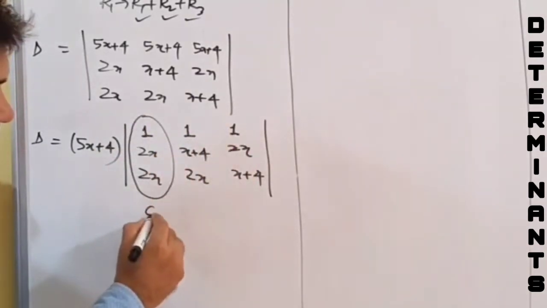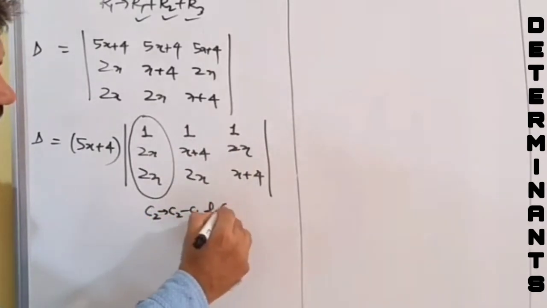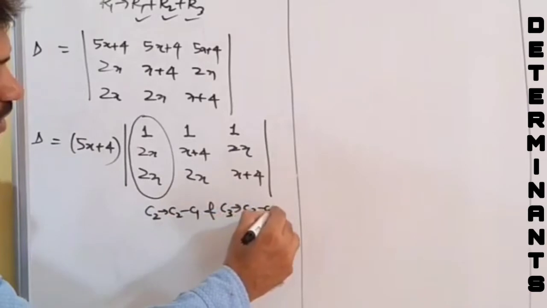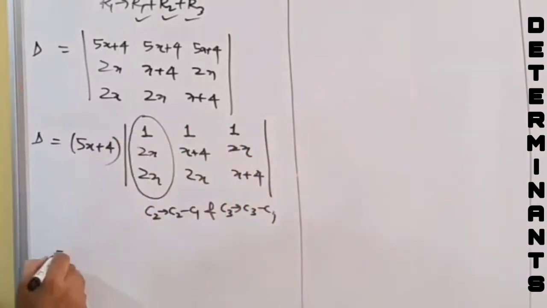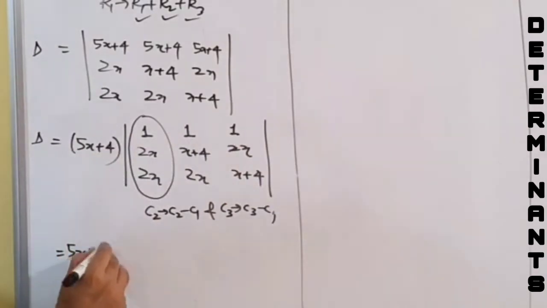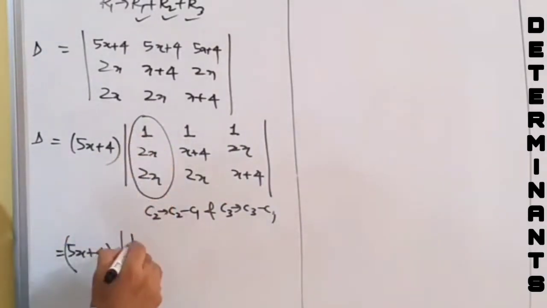So what we apply is C2 now becomes C2 minus C1, and C3 now becomes C3 minus C1. This minus this will give me 0. So what we do is 5x plus 4. Simply there is no change in column 1, so 1, 2x, 2x is 0.